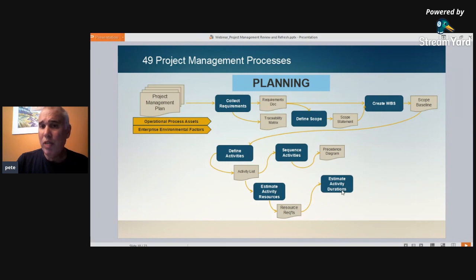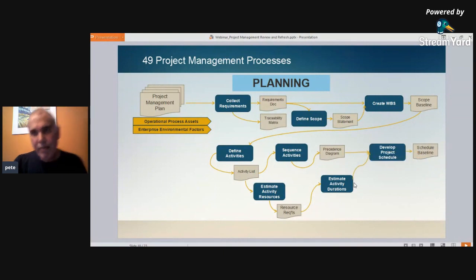So you want your schedule to reflect durations that are expected, not always blue sky. So we take our precedence diagram and our activity durations, and feed that into our project schedule. We develop a project schedule, and that gives you the dates when all of the activities need to be performed. And that establishes a schedule baseline.